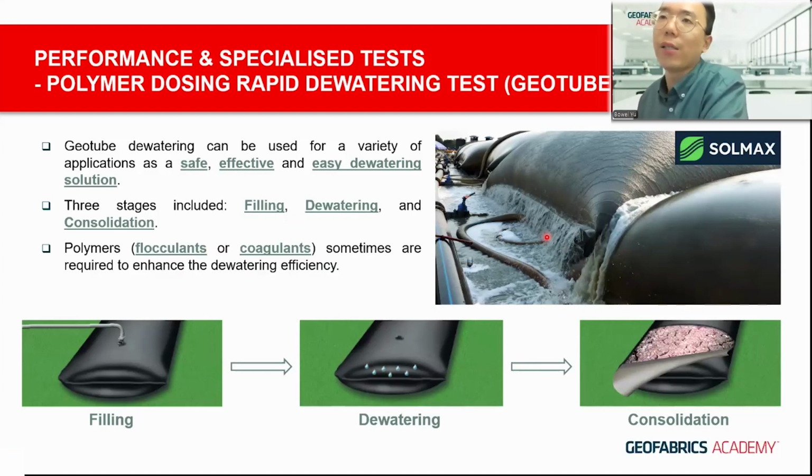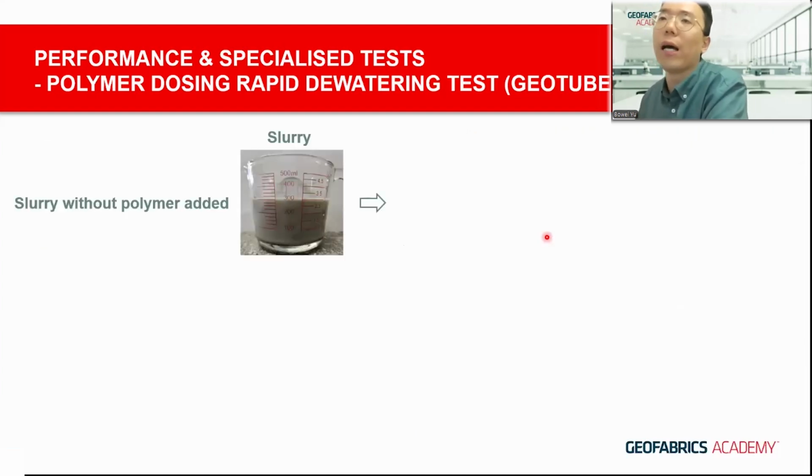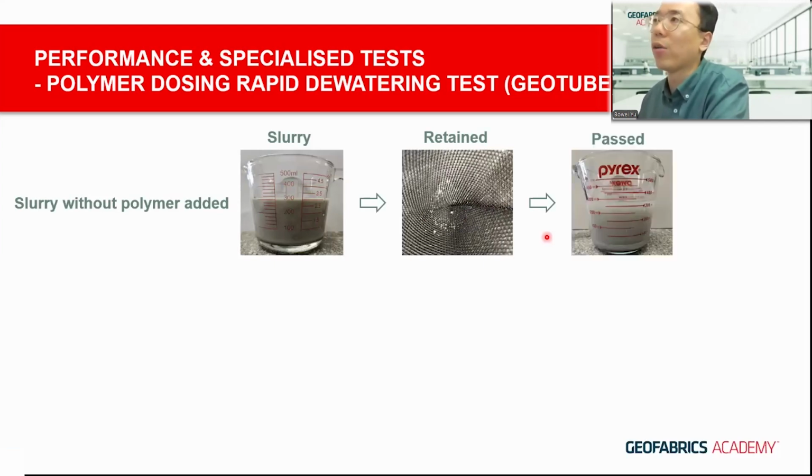However, in some cases, polymers such as flocculants or coagulants are required to actually enhance the whole efficiency of the process. This is an example where we sometimes get those slurries with very fine solid particles. So if you simply do it without the polymer help, what happens is those fines actually pass through the GeoTube woven geotextiles, and you can't actually really separate the two.